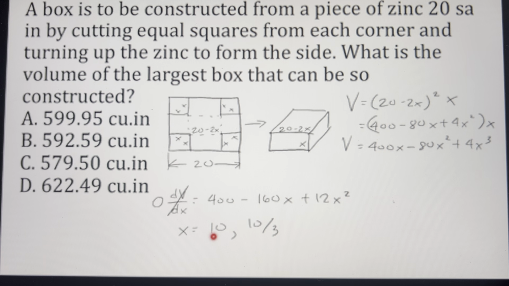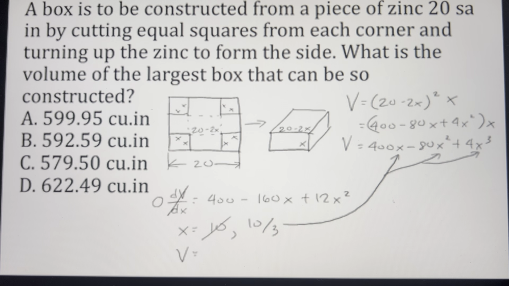If we substitute 10 here, the volume will be 0 because the square here will be too large. So we will not be using this one because it is too big as our height. So we will be using the other value, 10 over 3. And we will substitute that x in either of these expressions.